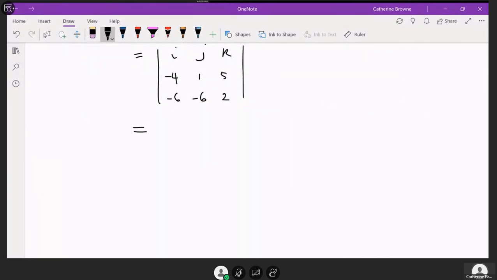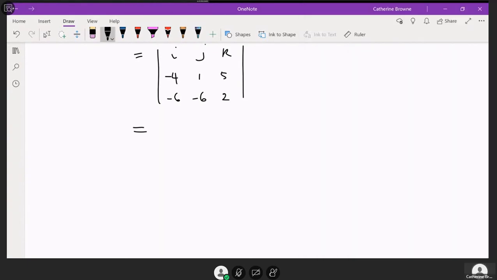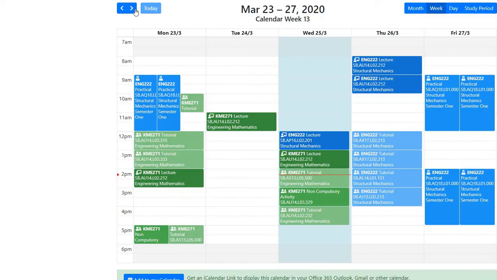So it's 1 times 2 is 2 minus 30, so it's 32i. And then it's going to be minus 4 times 2, which is minus 8, minus 30, so that's minus 22j.